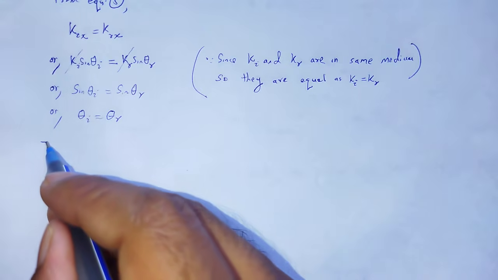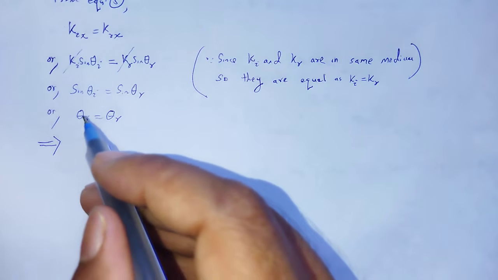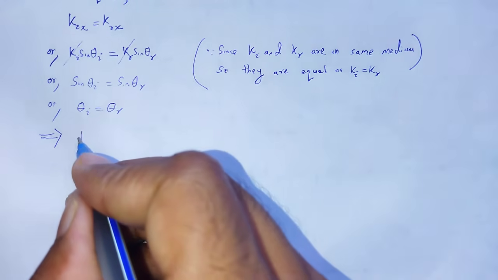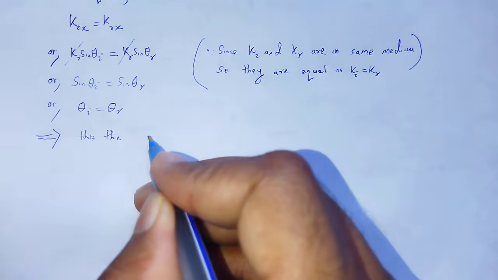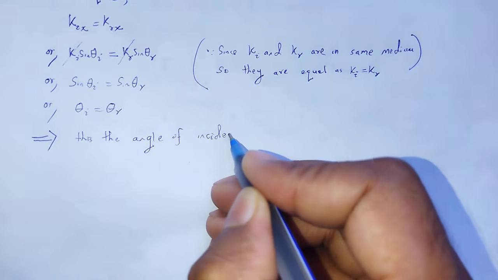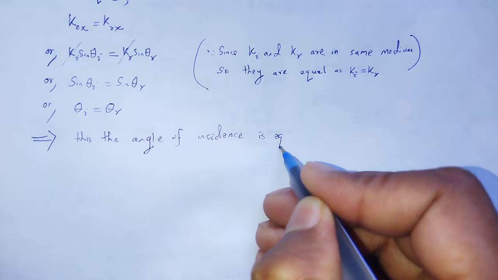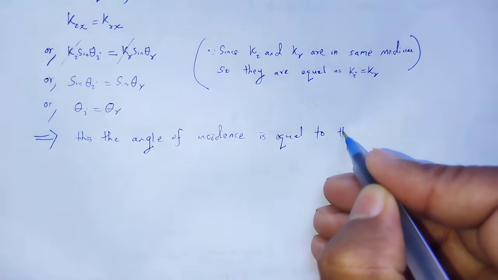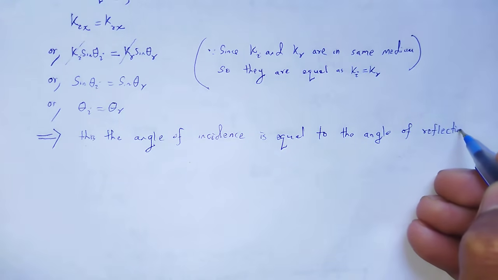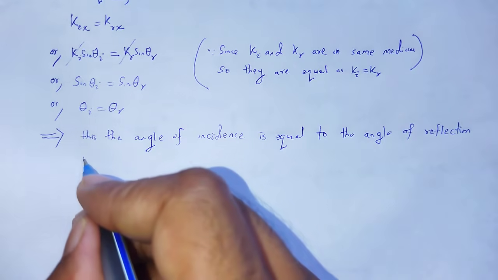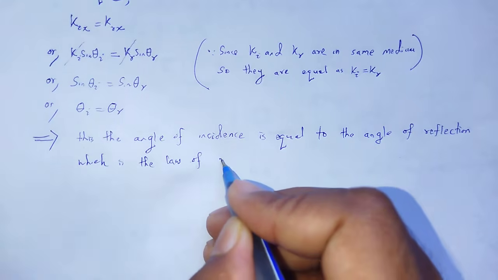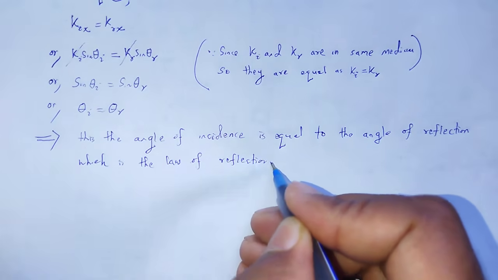What does it clarify? The angle of incidence is equal to the angle of reflection, which is the law of reflection.